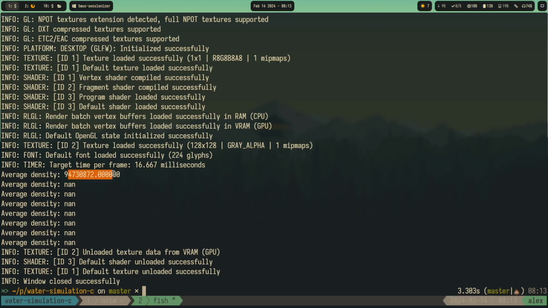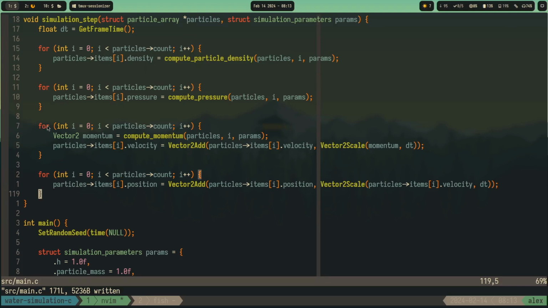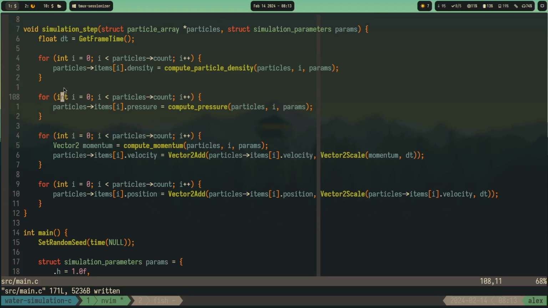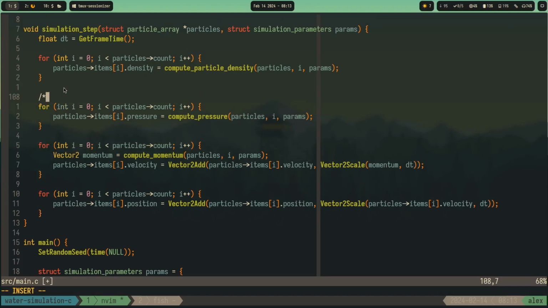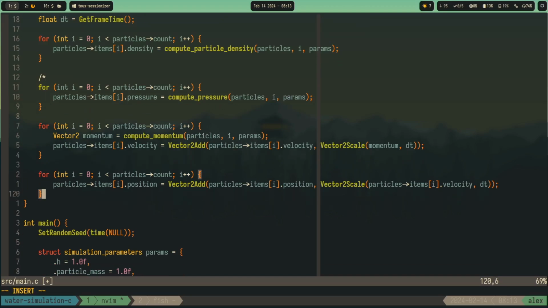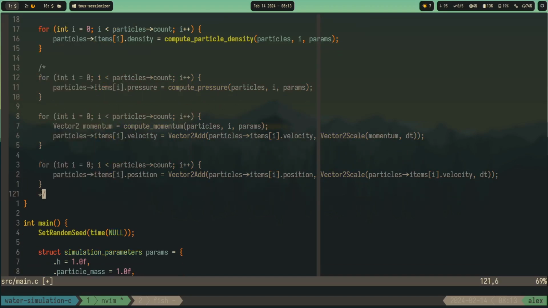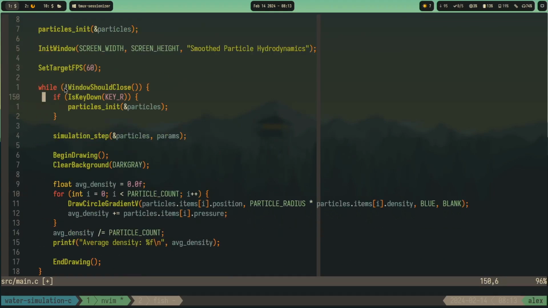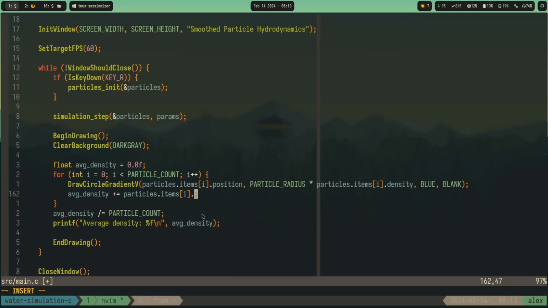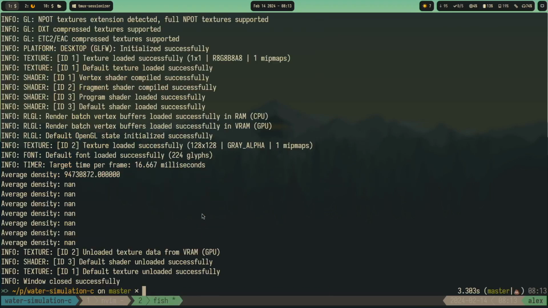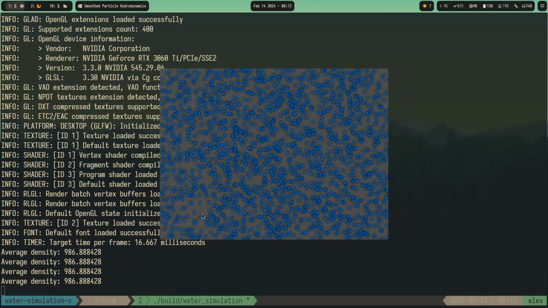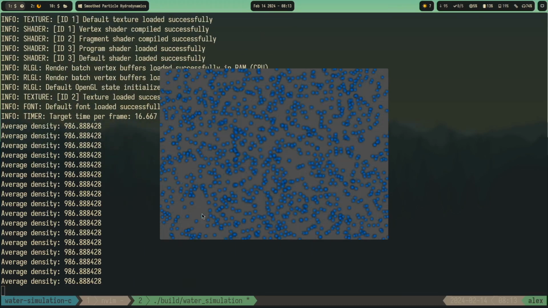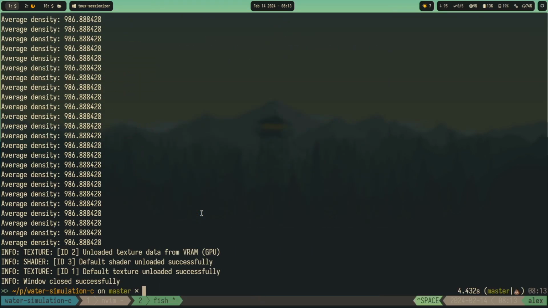Maybe I broke something. Oh, that was just the pressure. Let's see the density again. Maybe something changed. So I mean, density is 1000. It looks good to me.